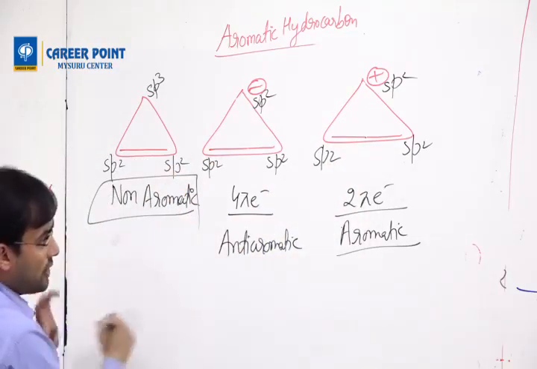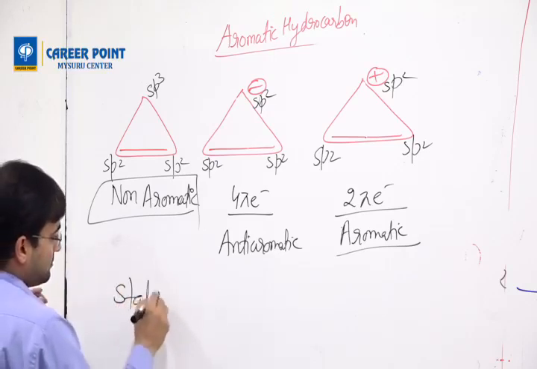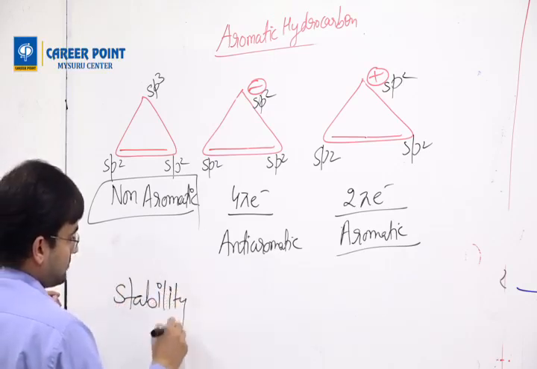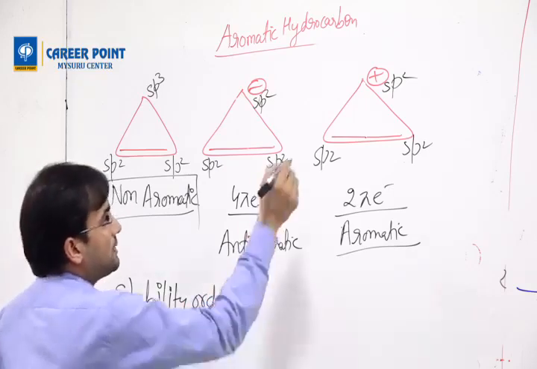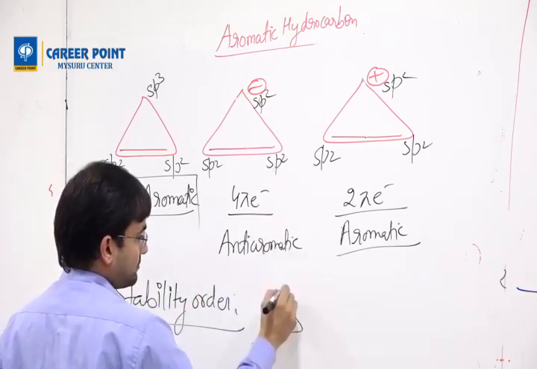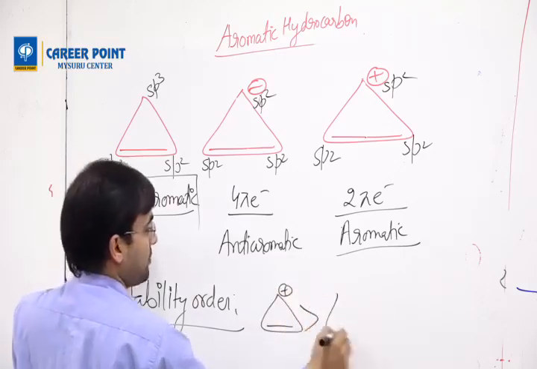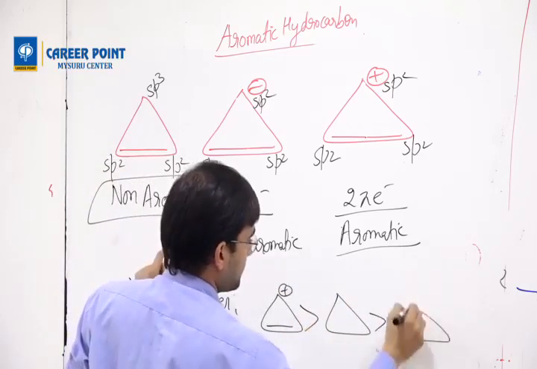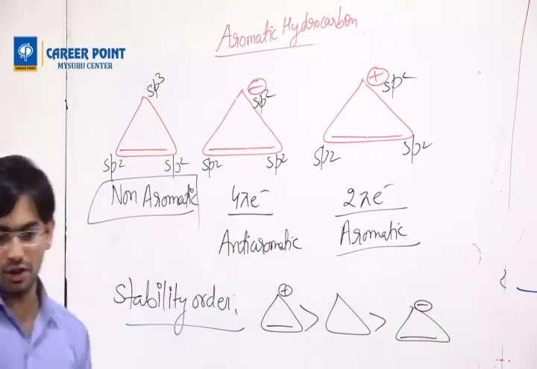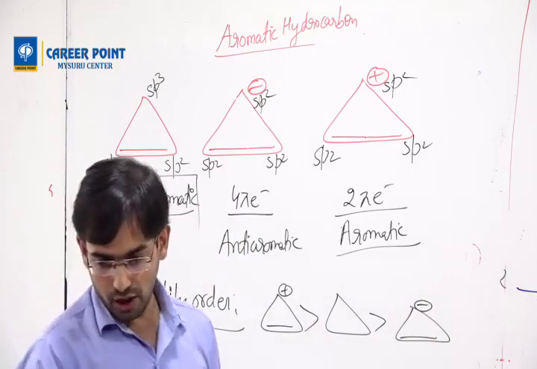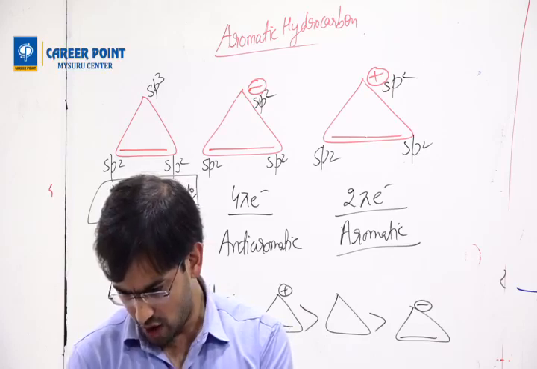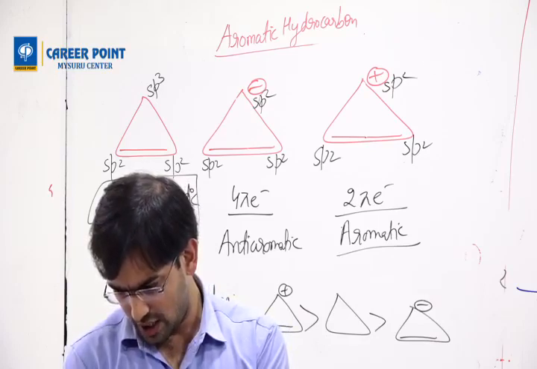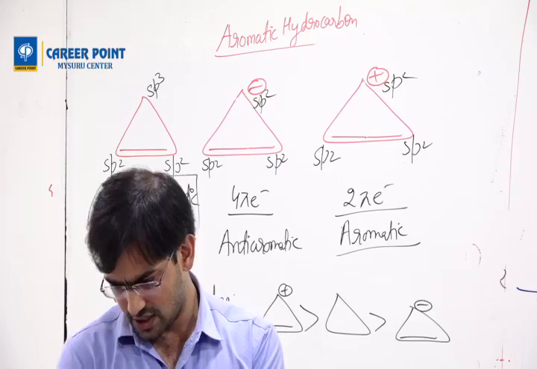So if I want to arrange them in stability order, we'll write that compound first, followed by this compound, followed by the other. Understood? All people, same answer we are getting, right? Non-anti-aromatic, right?